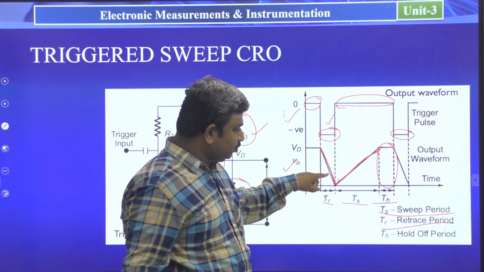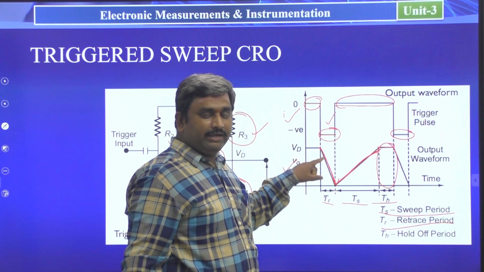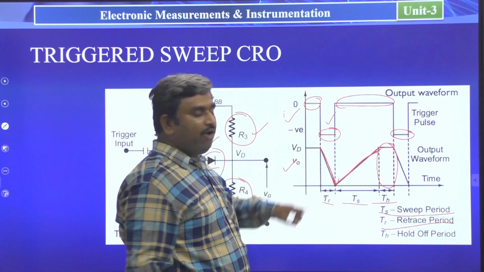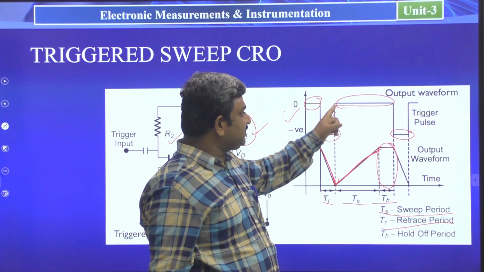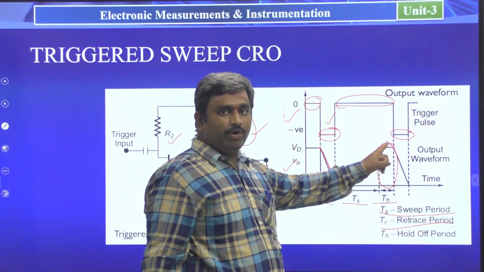the capacitor goes to the discharging position. The capacitor is going to be discharged. So after this triggering, whenever the triggering pulse comes back to the zero voltage level, then the capacitor is going to be charged.